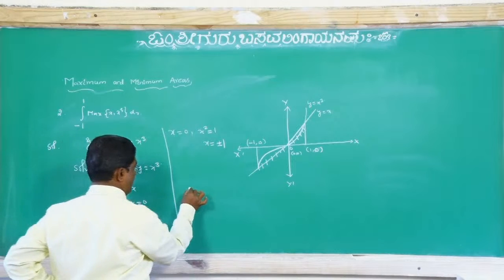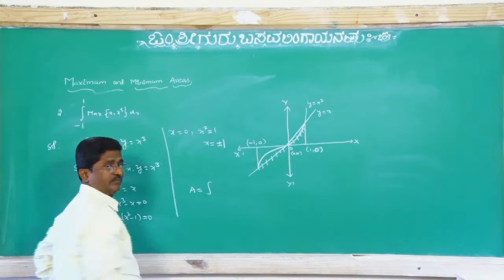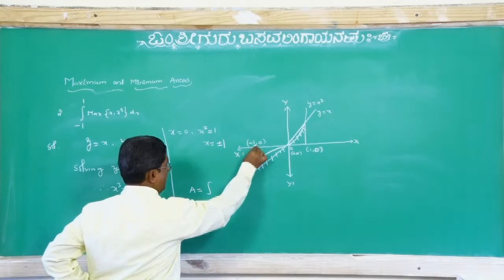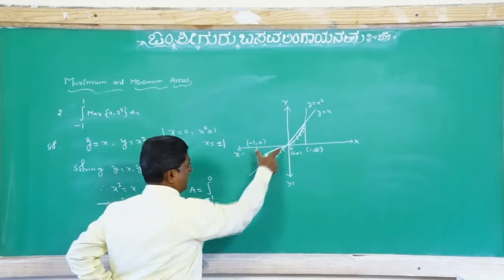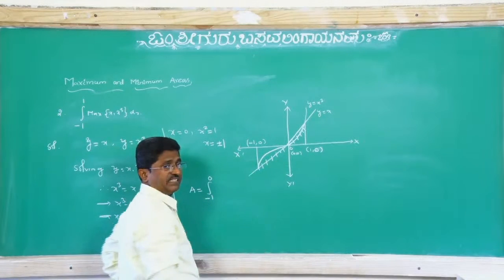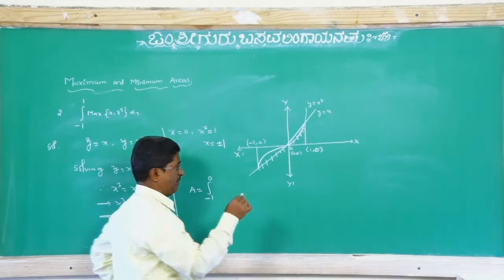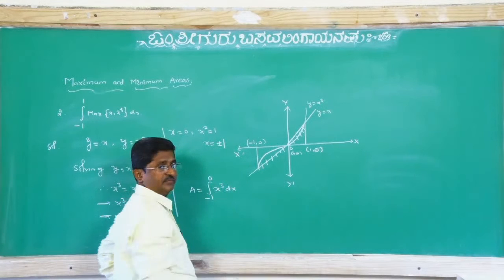Therefore, the required area is the region bounded by the interval x varying from minus 1 to 0. Between minus 1 to 0, the maximized curve is x cube, the minimized function is y is equal to x. We need the maximum area. This curve can be written as x cube dx.